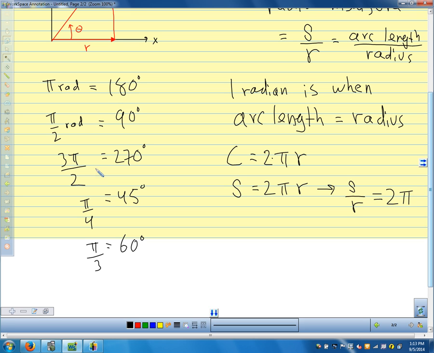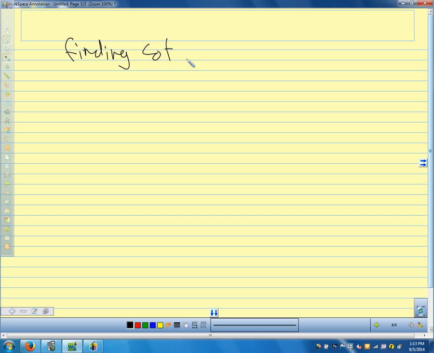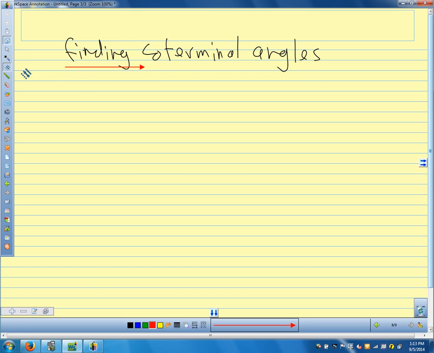All right, so let's talk about a few more terms. Let's back up to coterminal angles really quickly. Let's talk about finding coterminal angles. So we said coterminal angles means that the terminal side is in the same place.